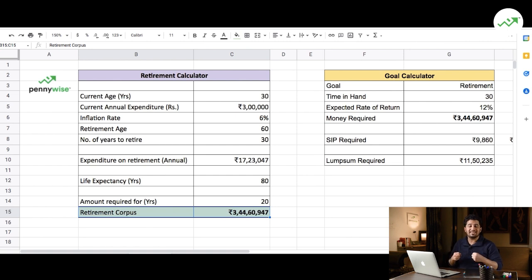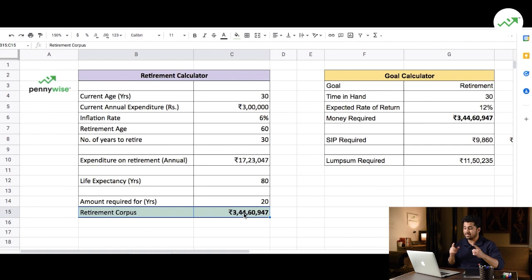So basically, I need 3.5 crore rupees at my retirement to make sure that I can take care of my financial needs, maintaining the same lifestyle that I have today, right? So as you see, 3.5 crores is what we require.